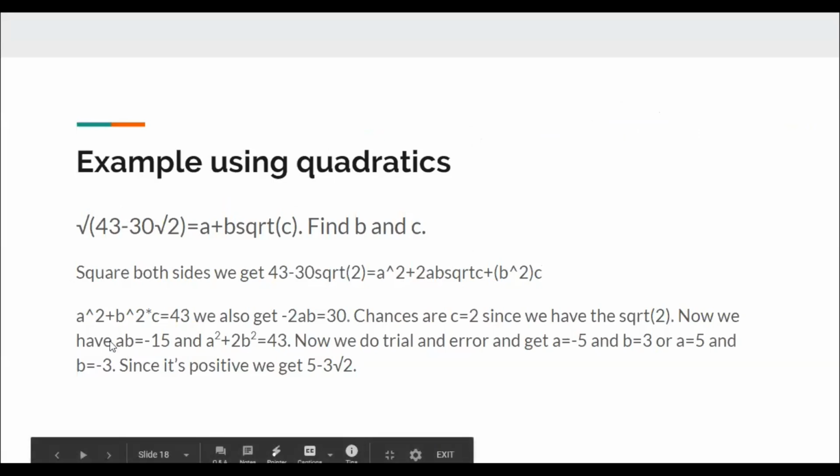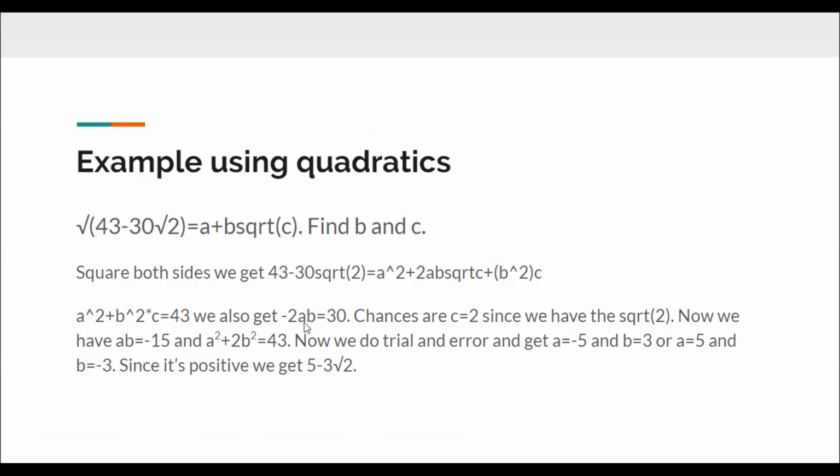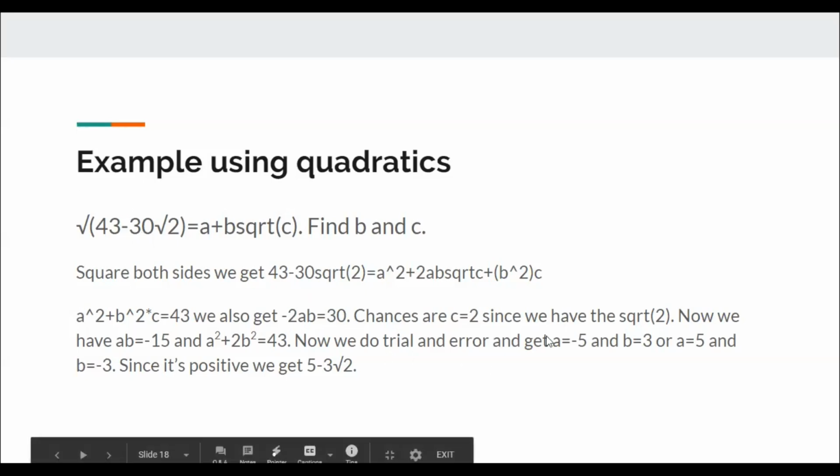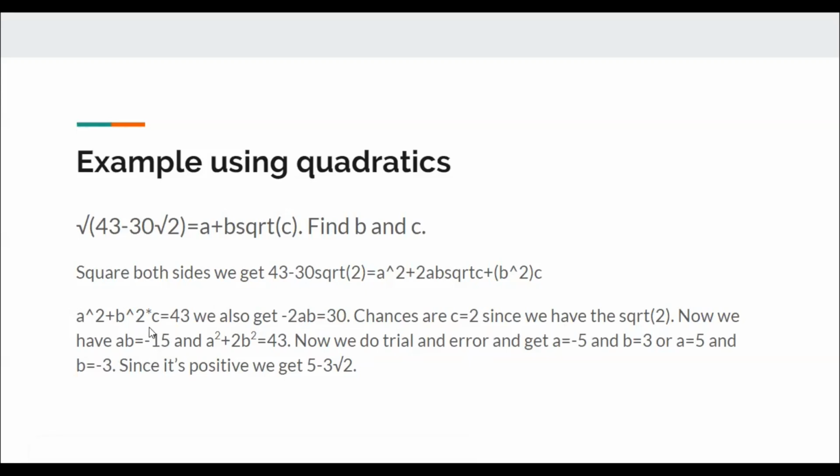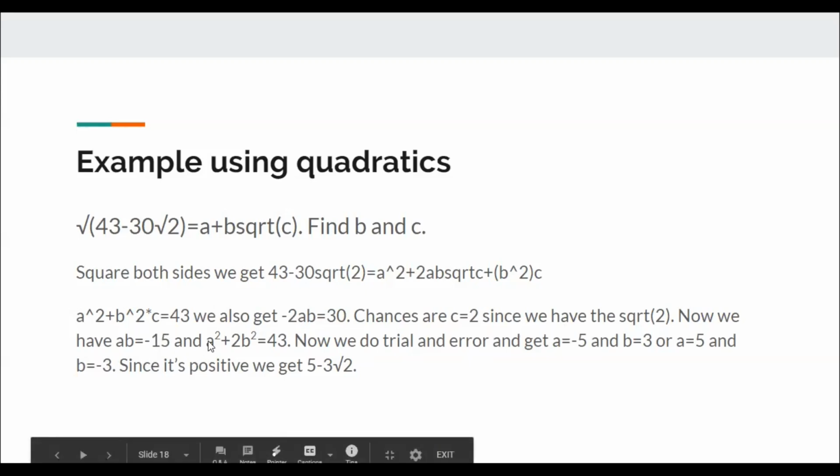And now you know a squared plus b squared times c is equal to 43. And we also have 2ab. Wait, it should say positive, sorry about that. The chances are c is equal to 2 because you have a square root 2 here. So now you have ab is equal to negative 15, I should say positive. Okay. And a squared plus 2b squared is equal to 43.